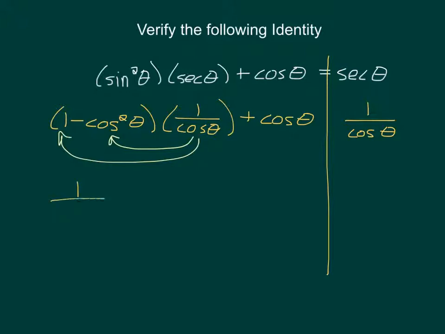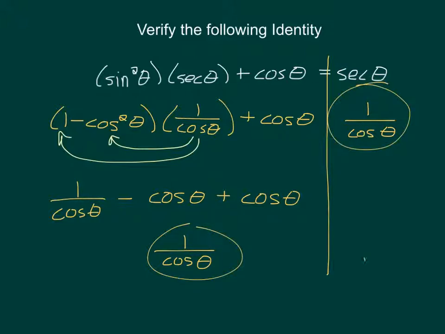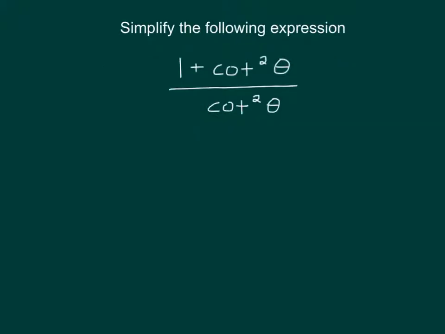So we get 1 over cosine theta minus cosine theta plus cosine theta, which hopefully we all realize is 1 over cosine theta. That is the same as that. We're done.